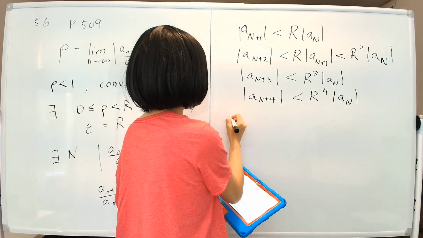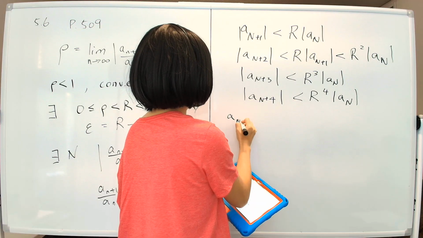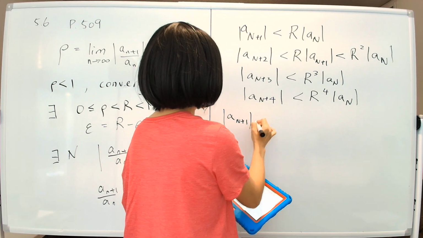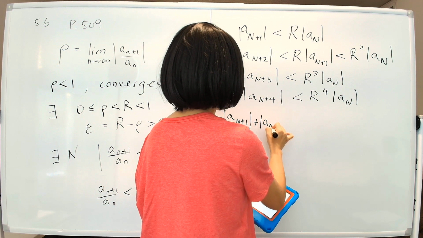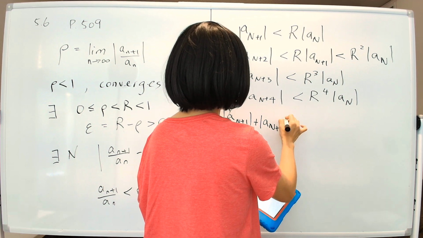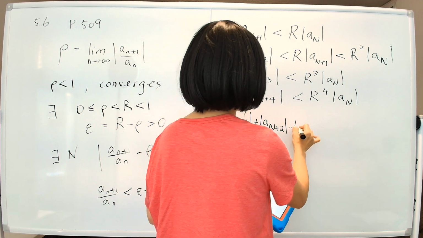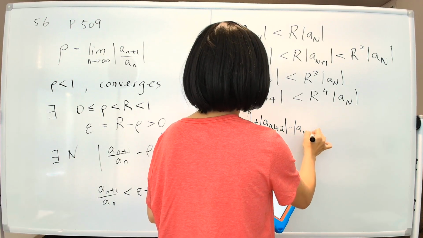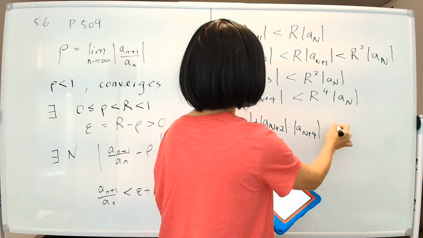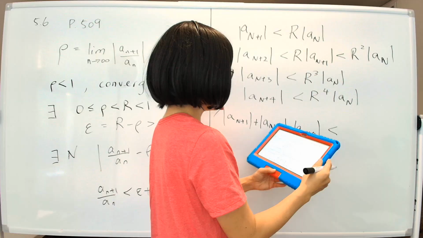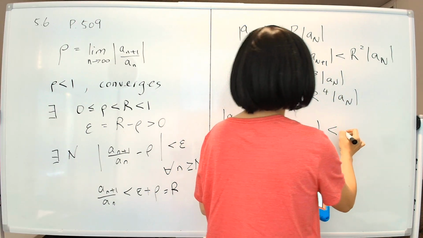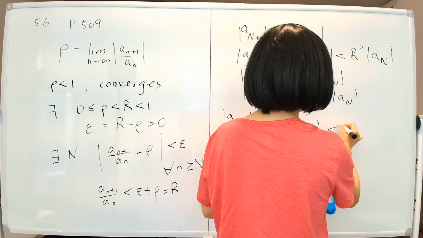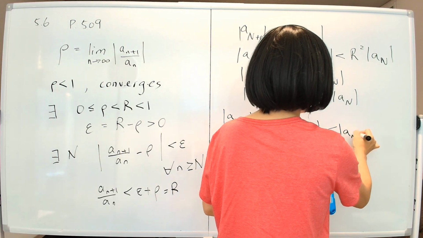We get a_(N+1), write it down, plus a_(N+2), all the way to a_(N+4), is going to be less than, the other side will be R. We'll factor out the R and we're going to factor out the a_N, okay, to save space.